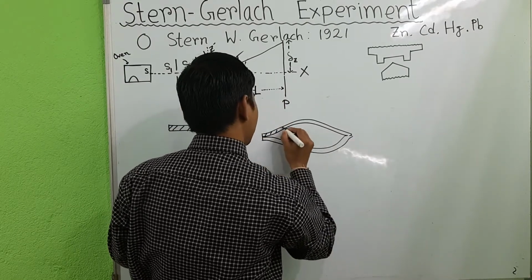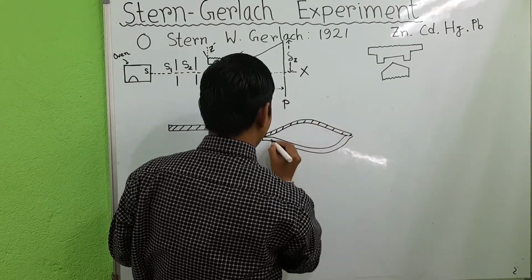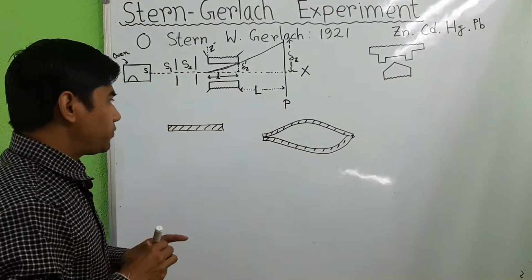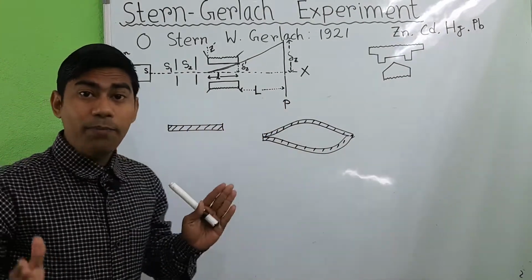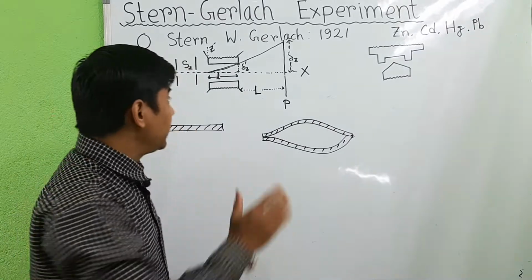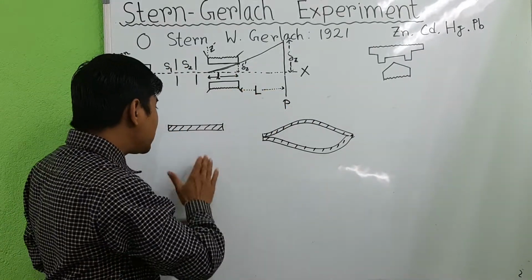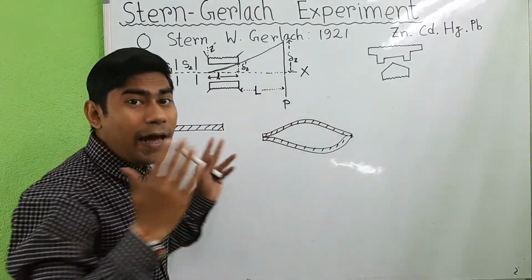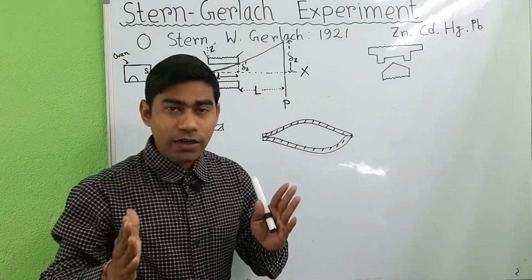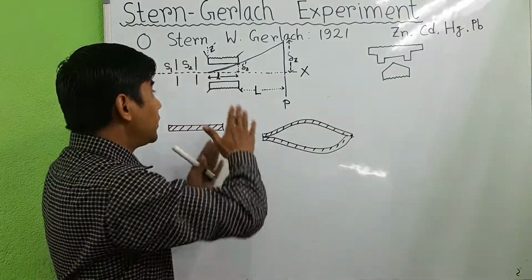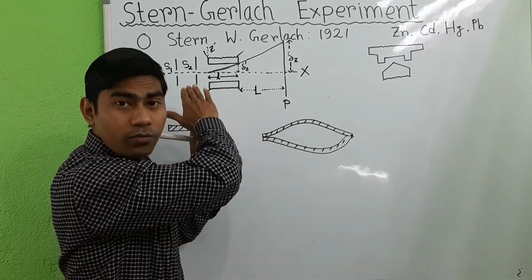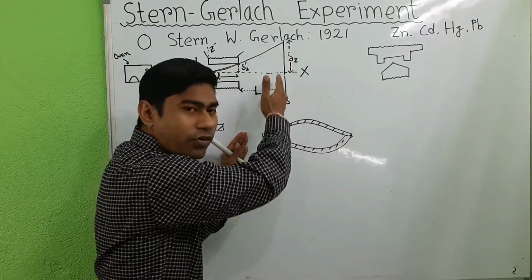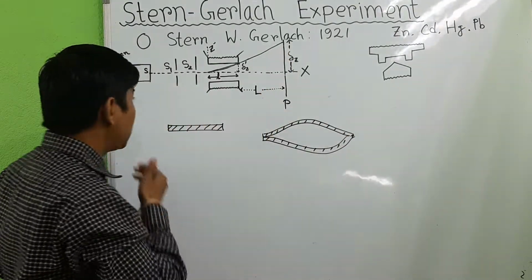So before the application of the magnetic field, the beam of silver atoms produces a linear trace on the photographic plate, and after application of the magnetic field, it produces a double trace.